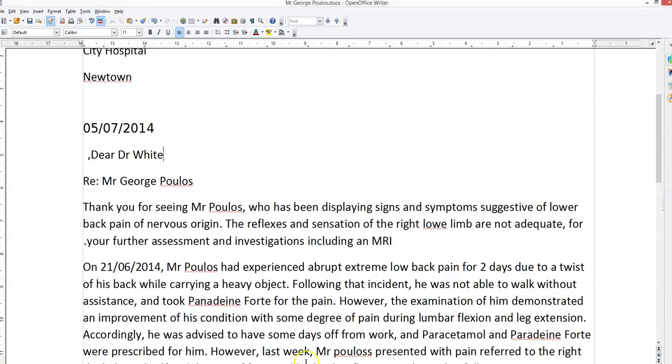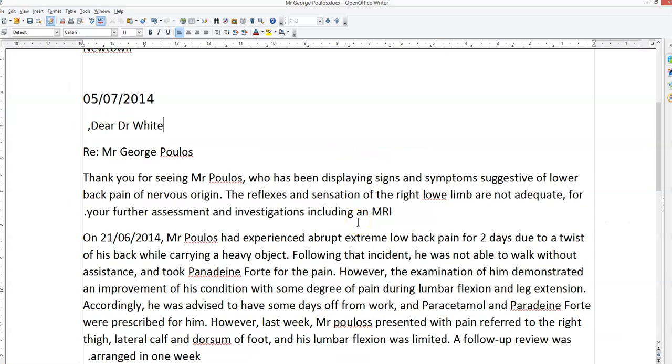So let's have a look at your letter. Mr. Paulus, thank you for seeing Mr. Paulus, who has been displaying signs and symptoms suggestive of lower back pain of nervous origin. The reflexes and sensation of the right lower limb are not adequate for your further... Right, so why do we have this here? This should be further on.